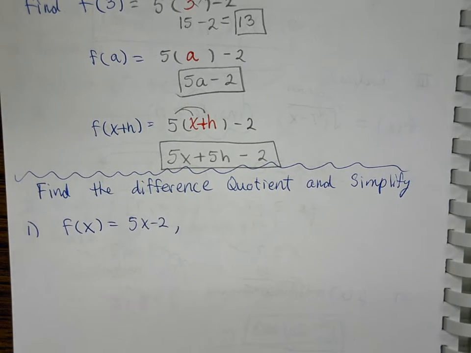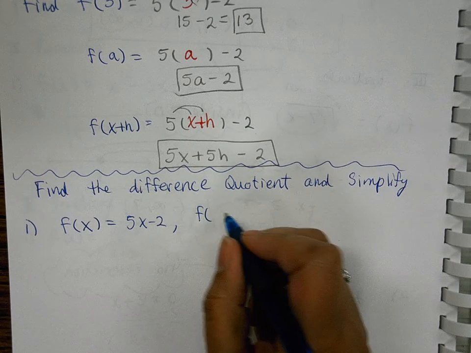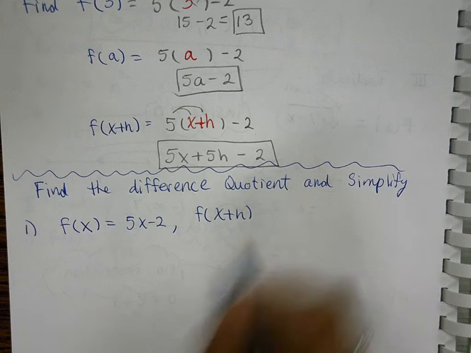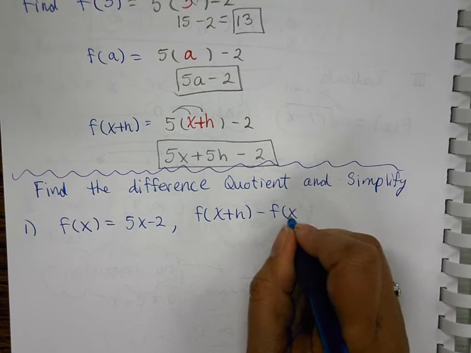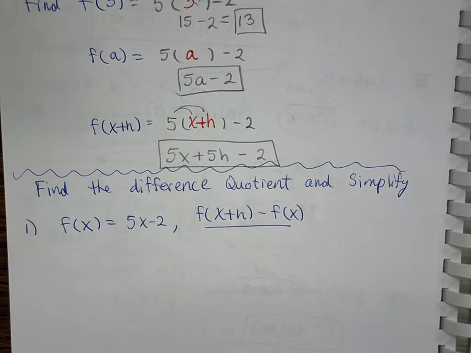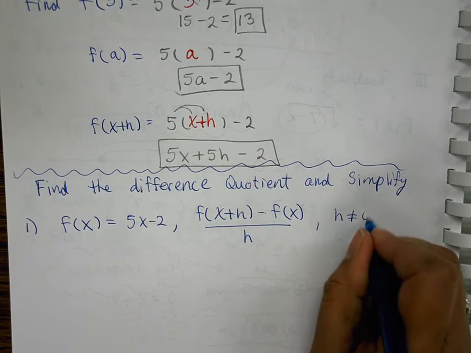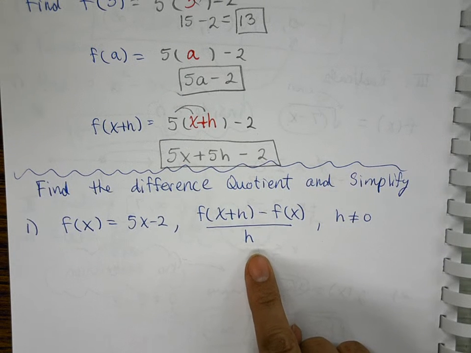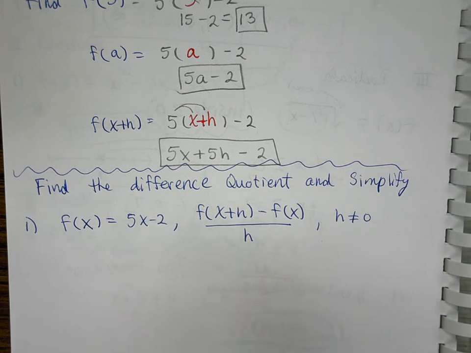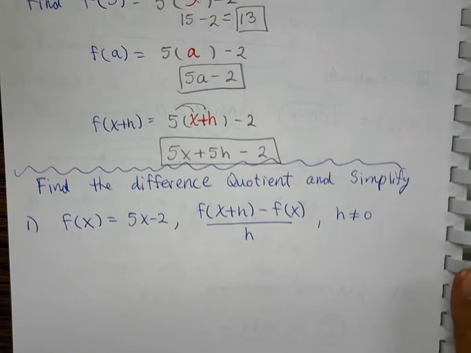f of x equals 5x minus 2, comma, f of x plus h, close parentheses, minus f of x, close parentheses, all over h, comma, such that h does not equal 0. That's only here just to remind us that h cannot equal 0 because it's in the denominator of a fraction.